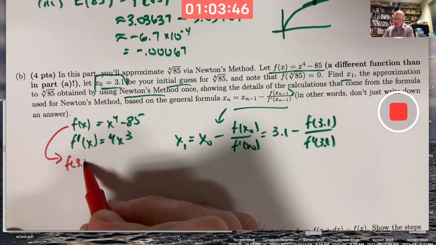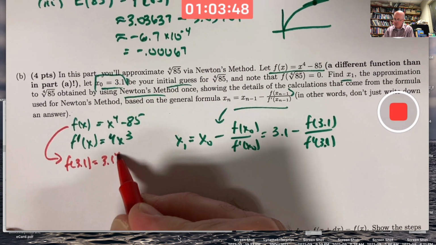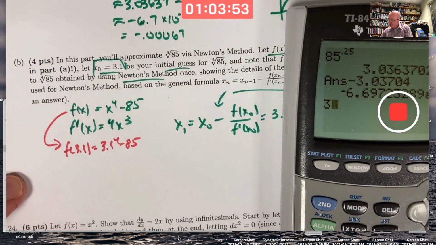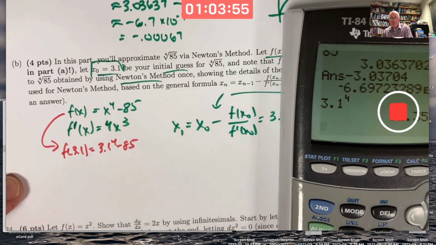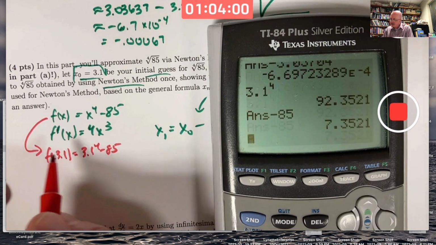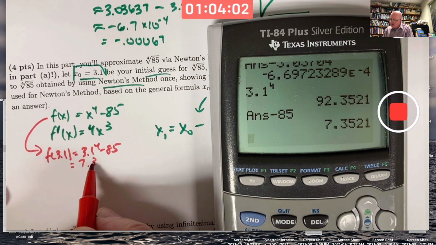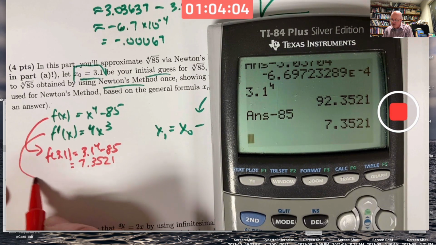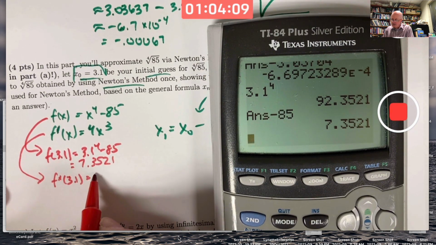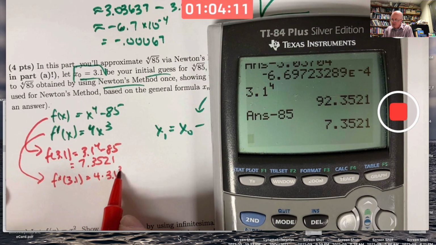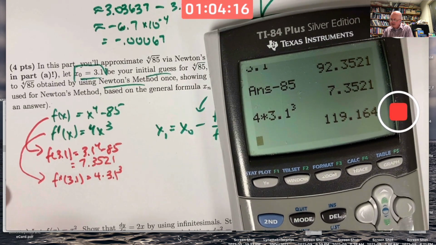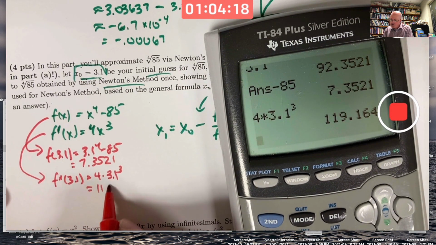F of 3.1 is 3.1 to the 4th minus 85. There's a quicker way to do this on the calculator, but I'm doing this. 3.1 to the 4th minus 85. That's 7.3521, and then f prime of 3.1 is 4 times 3.1 cubed, 119.164.